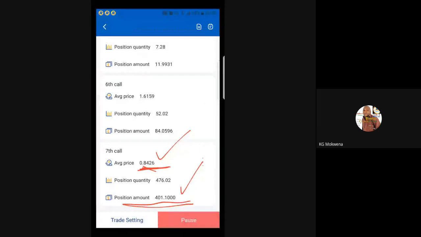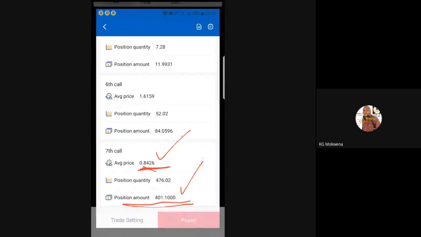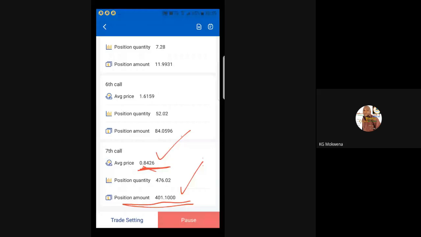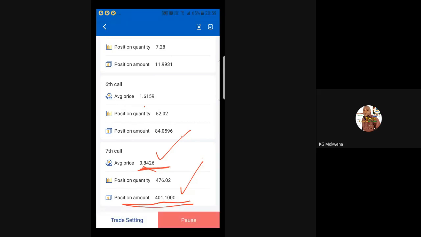So we will see if this market will break below the consolidation that we have seen in terms of wicks. If the current candlestick, a weekly candlestick, changes to red, then we know that this position will be in a floating loss.